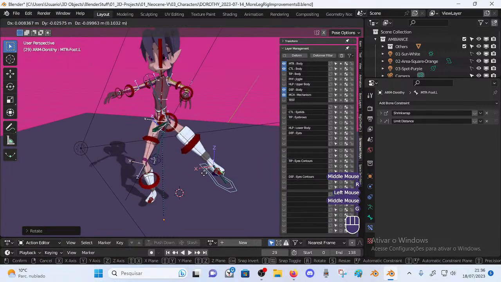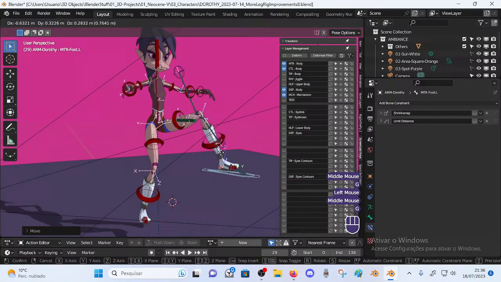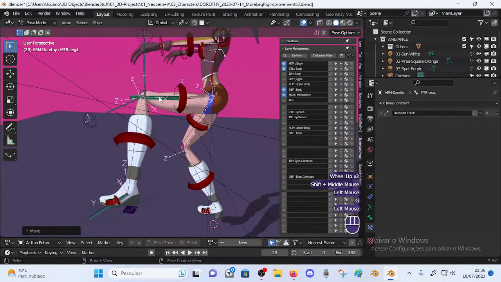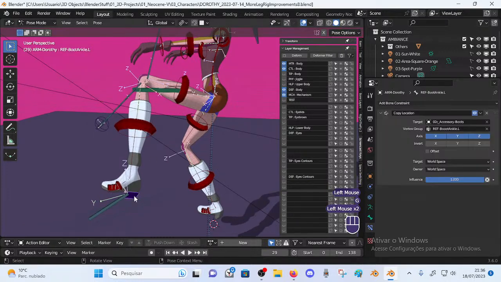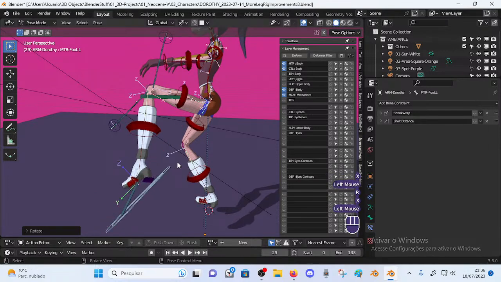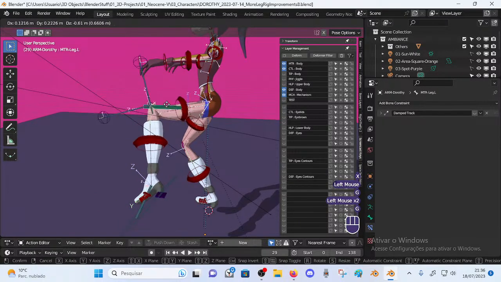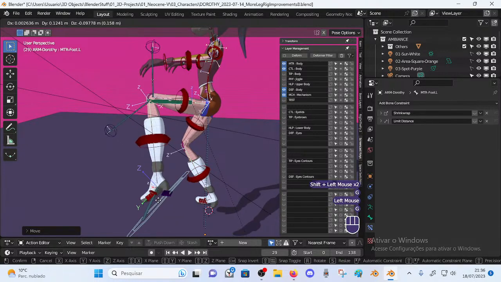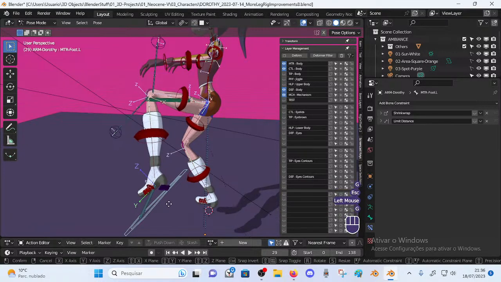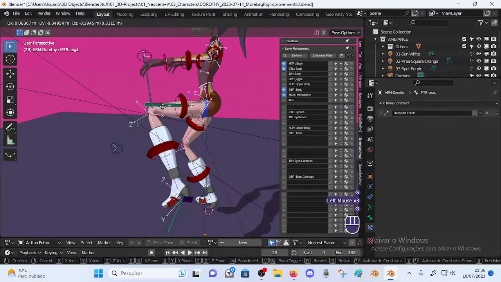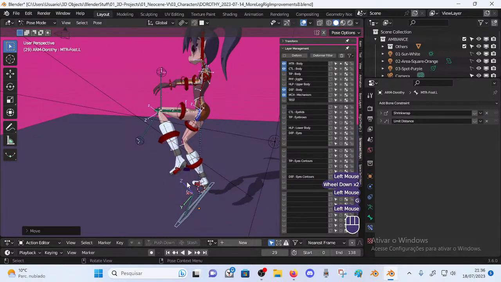Actually, this kind of renders obsolete, or substitutes, let's say, the requirement of an IK-FK switch. So what's happening here is I'm moving them simultaneously.